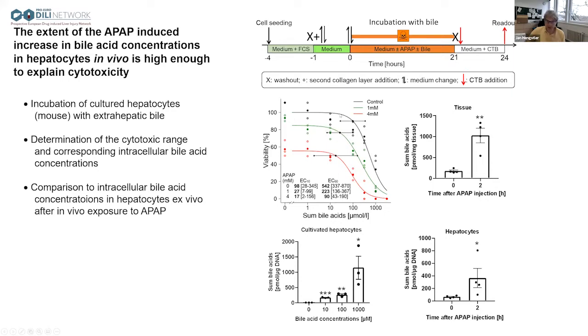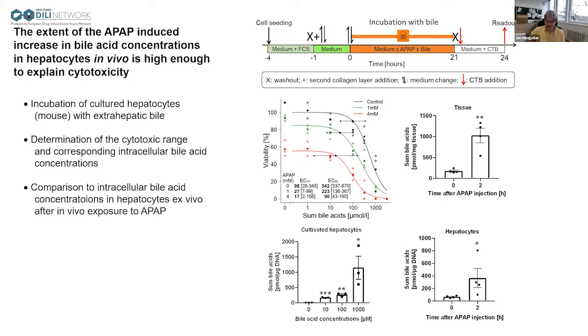But let's focus on the native hepatocytes. And so there we can see that the EC10, so the concentration of just beginning cytotoxicity, is 98 micromolar, and the EC50, so where 50% of the cells are dead, is 542 micromolar bile acids.